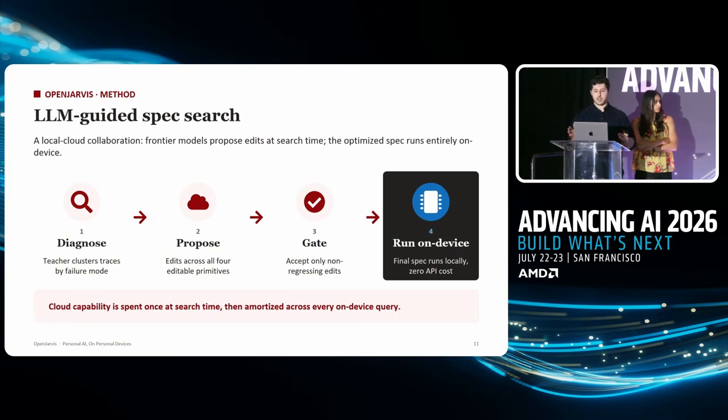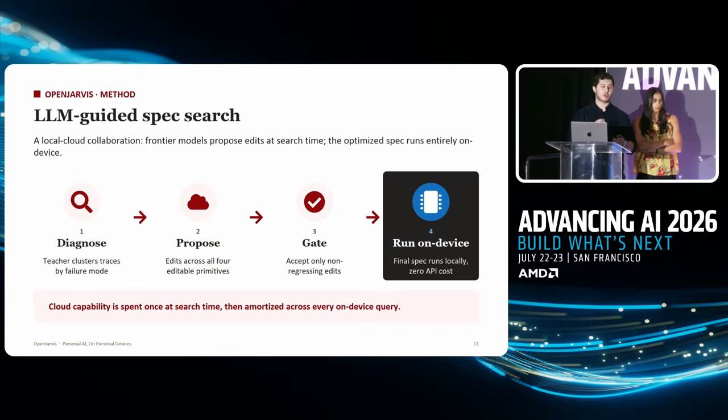So to optimize this config, we do something called LLM guided spec search. What does this look like? This looks like a Cloud LM collaborating with a local LM to optimize for your given configuration. So if you have a deep research flow or a deep research agent that you want to optimize over, you allow a Cloud LM to actually diagnose the current ways that that agent is failing, propose new edits to allow you to optimize that config, gate based off of whether those configuration changes improve or whether they cause regressions to your existing workflow.